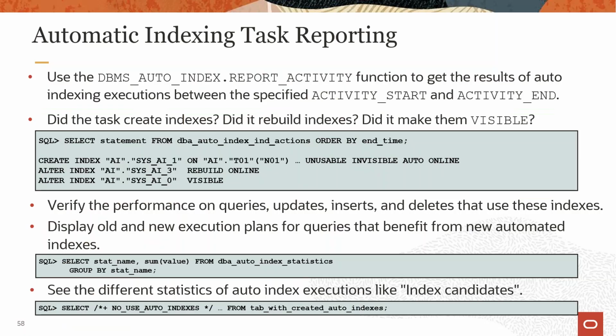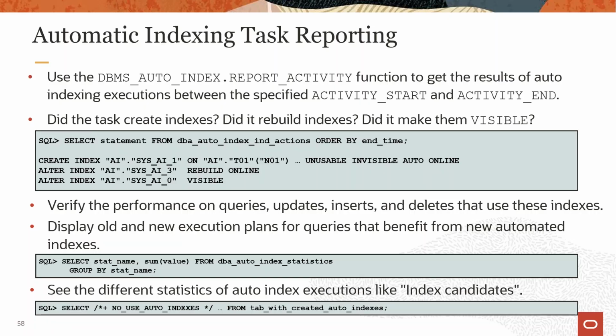Now you have the possibility to ask for the generation of an automatic indexing task report. Via the package DBMS_AUTO_INDEX, you have a function called REPORT_ACTIVITY to get the result of auto indexing executions between the specified start and end time of the time period for which you would like to have that report.